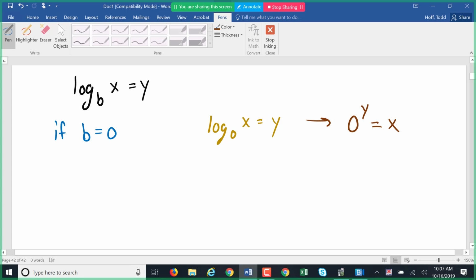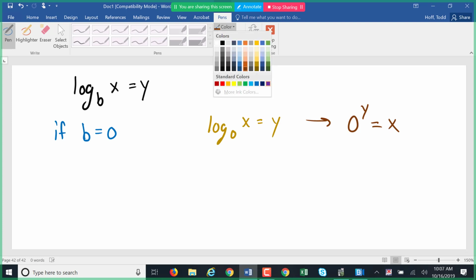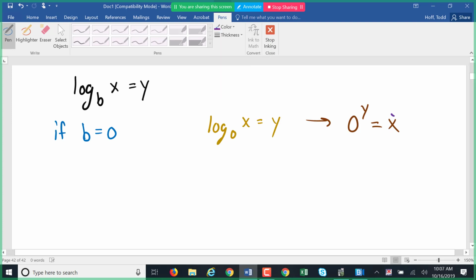While this is true, it's very useless because the only possible value for x here is 0, because 0 to the power of anything is going to be 0. So if b equals 0, the logarithm really doesn't do anything.